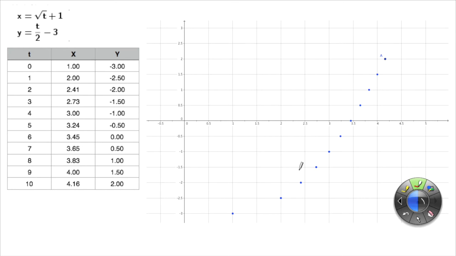So we're getting this curve that's generally going in that direction, and the orientation is moving it along in this direction. So it's moving from left to right. And we can change the orientations of these graphs. It's not a lot of fun, but I could change this around so it's actually going from way up here and ending down here.